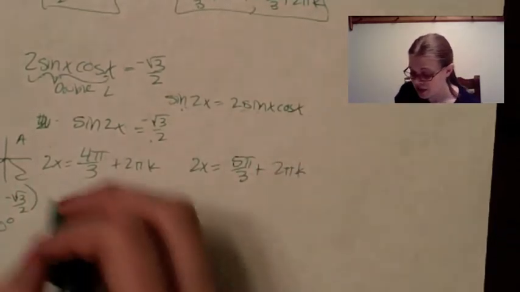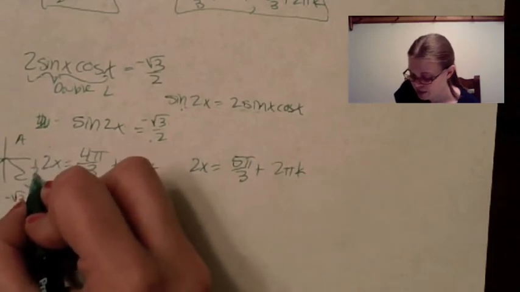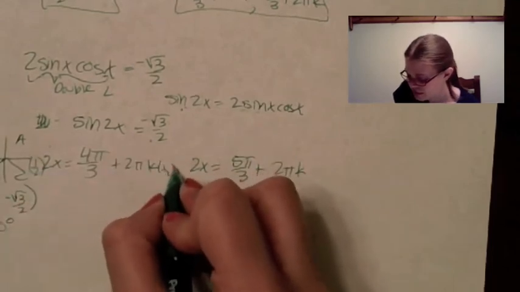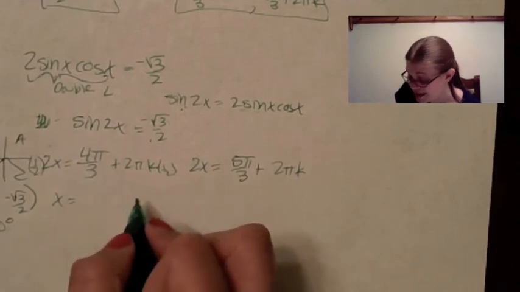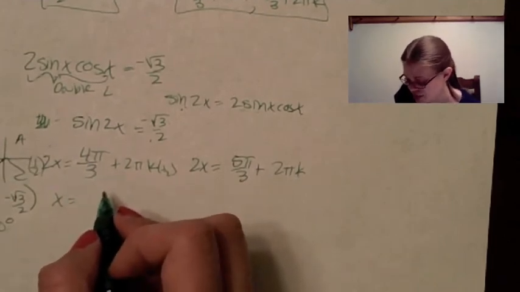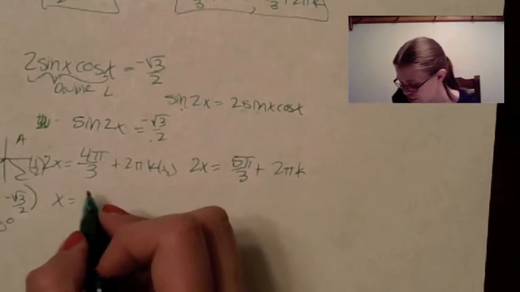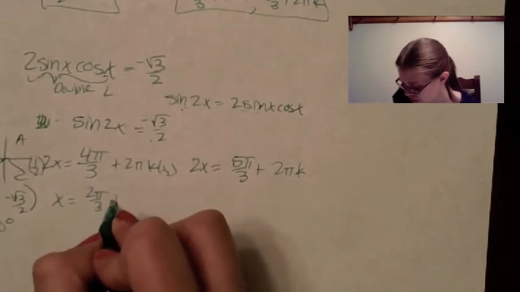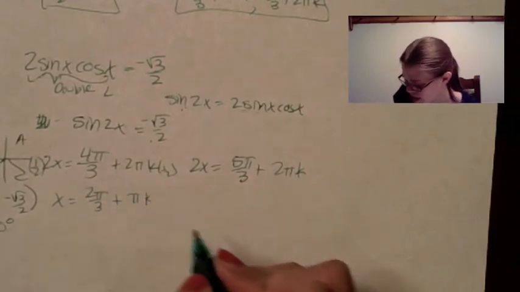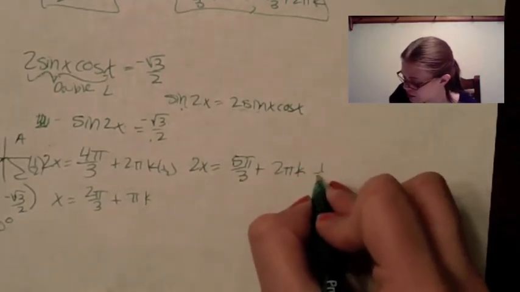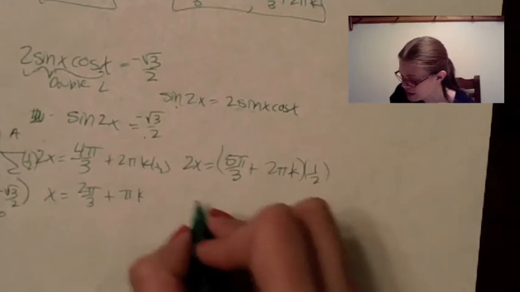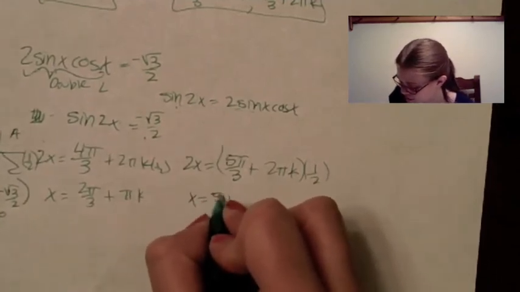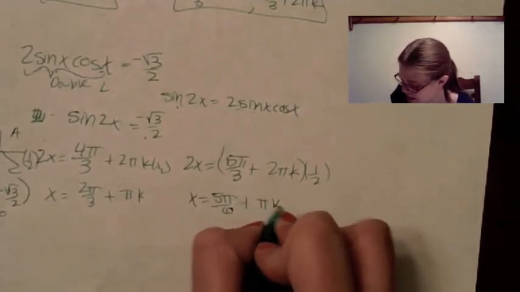Now I solve by dividing by 2 or multiplying by 1/2. So I get x is 4 pi 6, which reduces to 2 pi thirds, plus pi k. And if I multiply by 1/2 on this side, I get 5 pi 6 plus pi k.